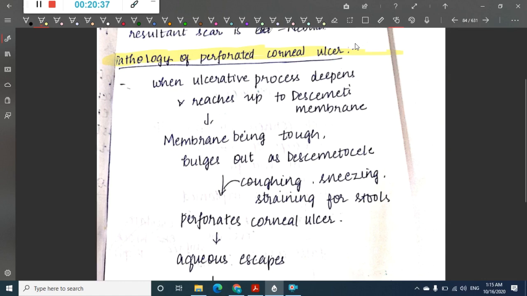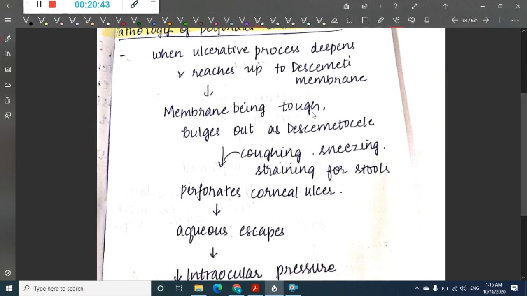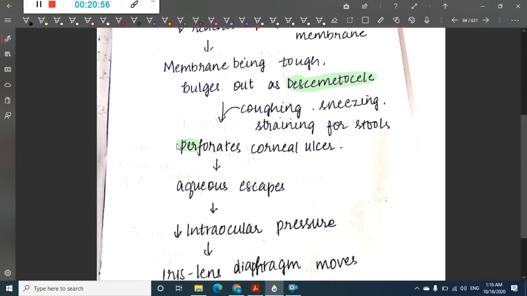This ulcer will deepen and reach the Descemet's membrane, which will bulge out like this and lead to the formation of descemetocele. Whenever the person coughs or sneezes, this will perforate the corneal ulcer.